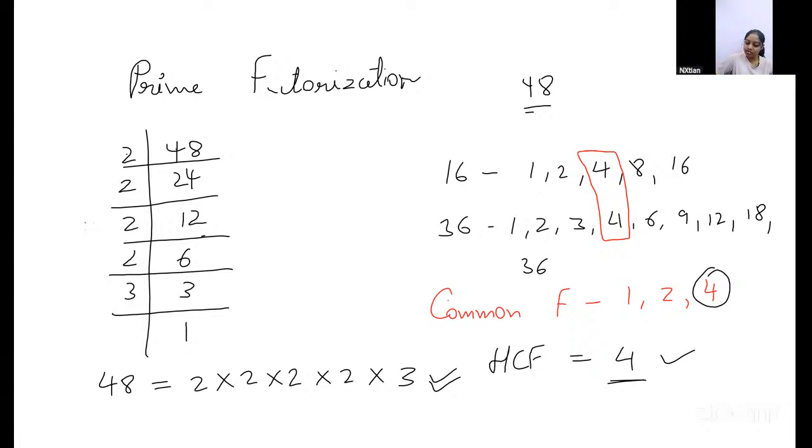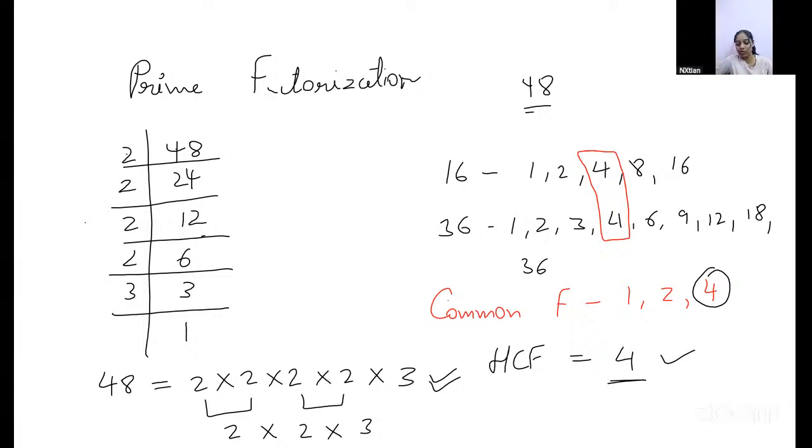Make pairs. You can make pairs and then calculate further. Then you'll get more factors. Like 4: 2 times 2 will give 4.